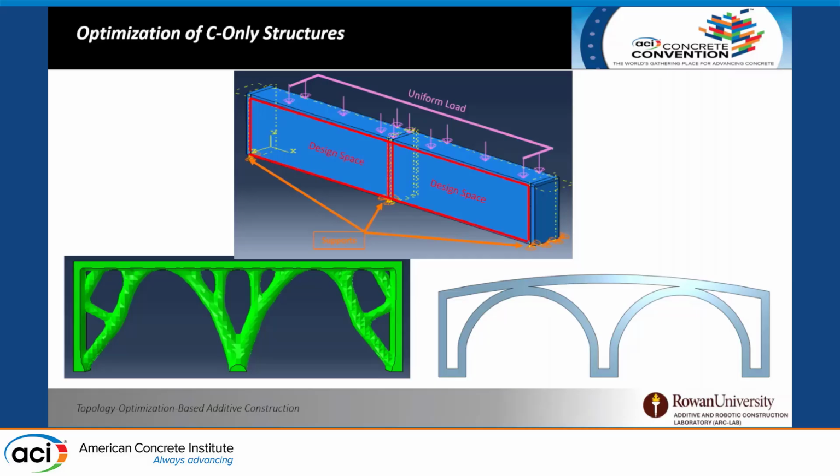And so you can see the CAD model that was used for the print. And you can see that some members were removed, and that is due to the limitations of the printer setup that were being used at the time, because those inner members could not be printed in a continuous path.